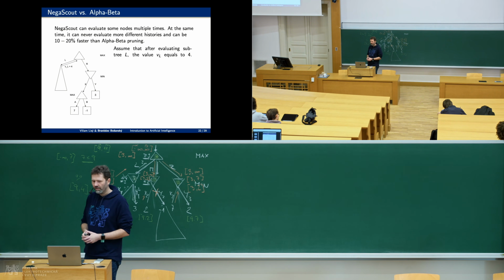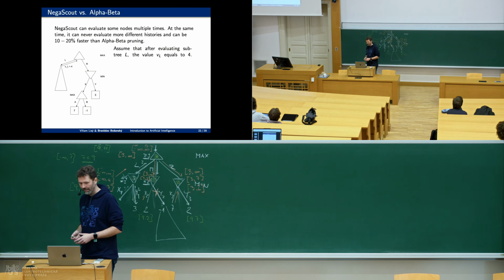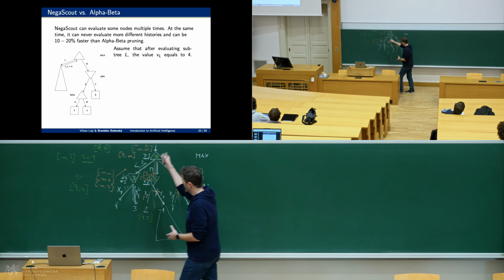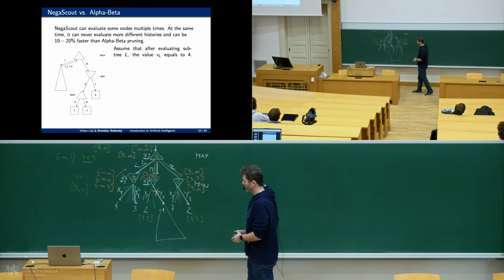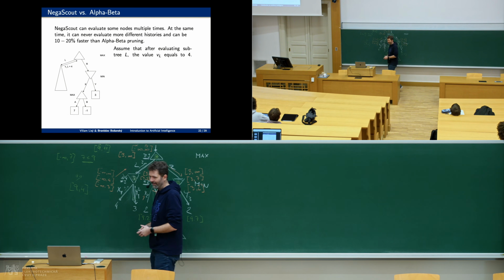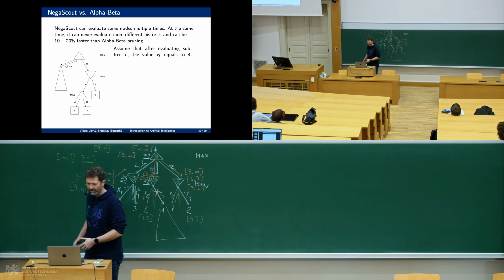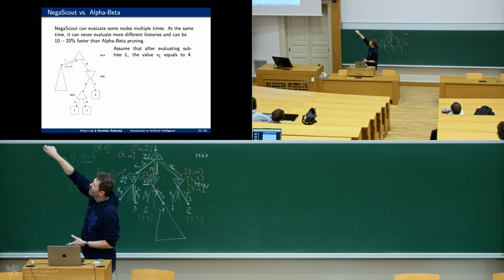Here is an example to demonstrate how this can help in a slightly more complicated tree, because to show that Negascout can really prune more nodes, we need slightly larger trees than this one. We have an example on the slides where we can assume that after evaluating this subtree, we get a value of 4.